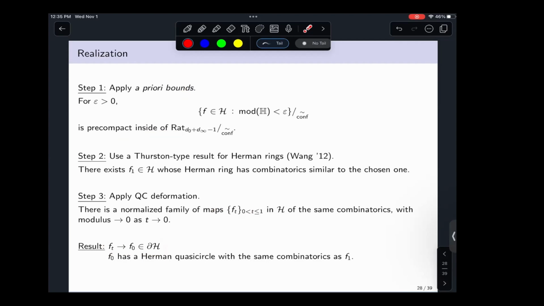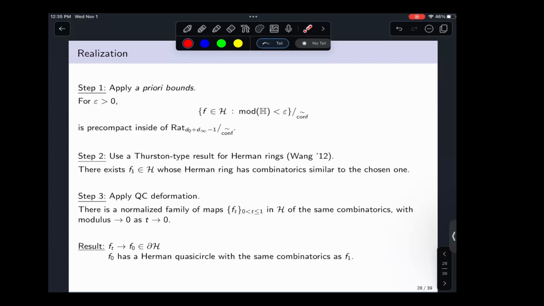And by compactness of quasicircles of bounded dilatation, so this uses the a priori bounds I had earlier, these quasi-annuli will have to converge to a quasicircle, and the rotational dynamics will survive. So this is a Herman curve, a Herman quasicircle. And by design, all these things have the same combinatorics, and therefore the combinatorics that I chose are now inherited. And that will be the answer to the first part, the realization part of the theorem.